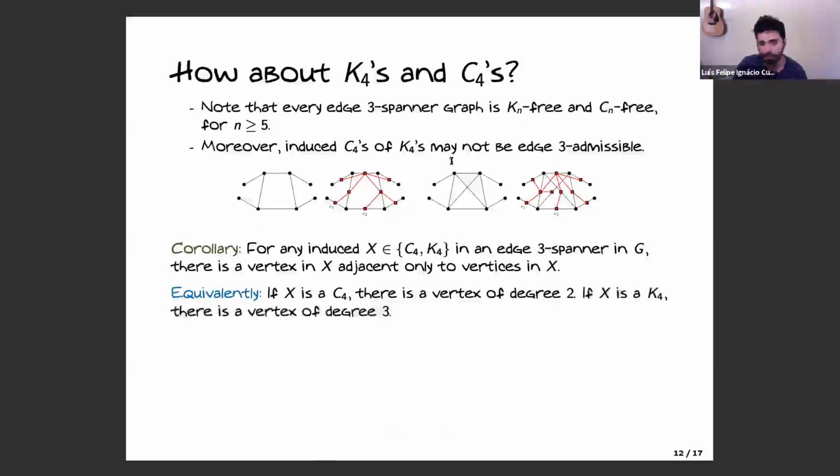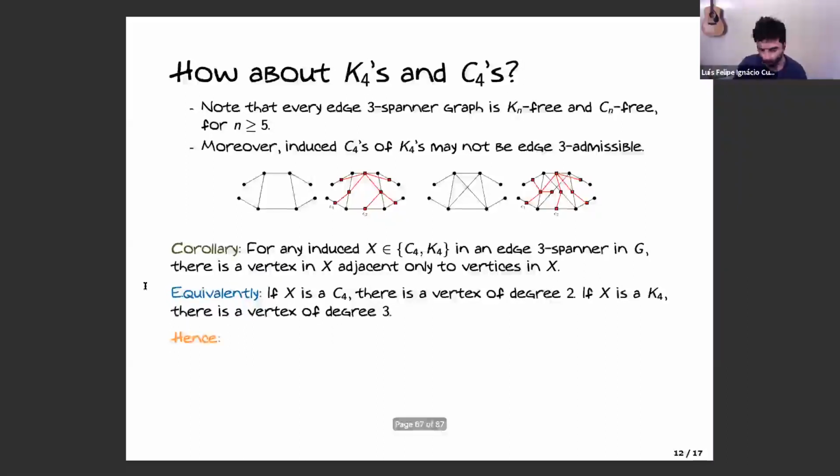And if there is a K4, there is at least a vertex of degree equal to 3. Another way to state this corollary is that if you have a graph that has no K_n and also no C_n, but it can have C4 and K4, it must be exactly like that.